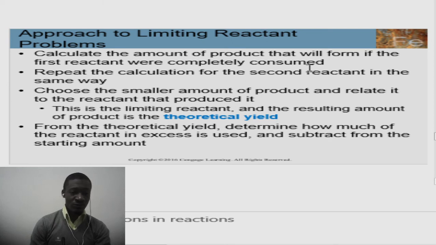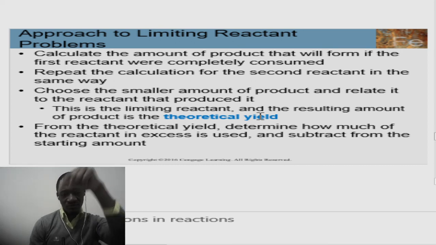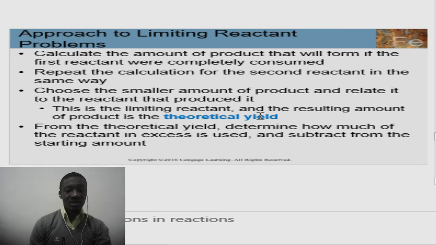The goal is to find which product amount is smaller. The reactant that produces the smaller product is your limiting reactant, and the resulting product is your theoretical yield.